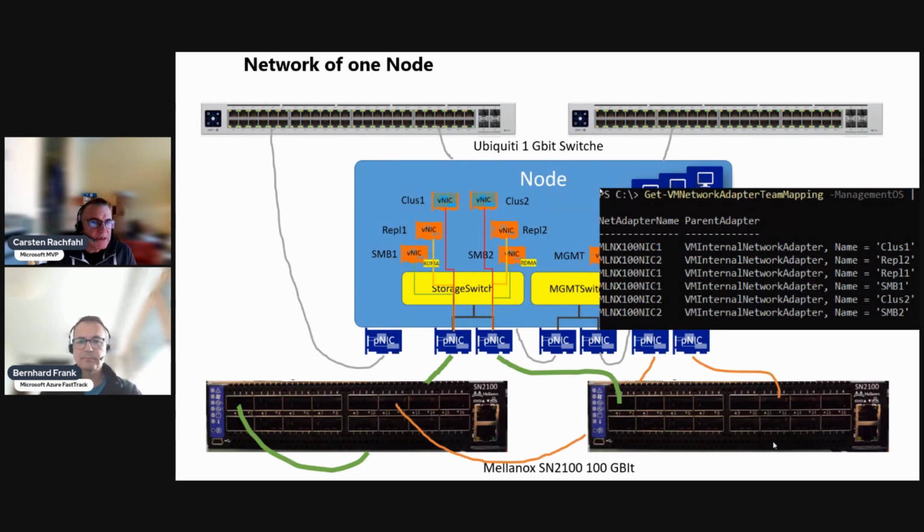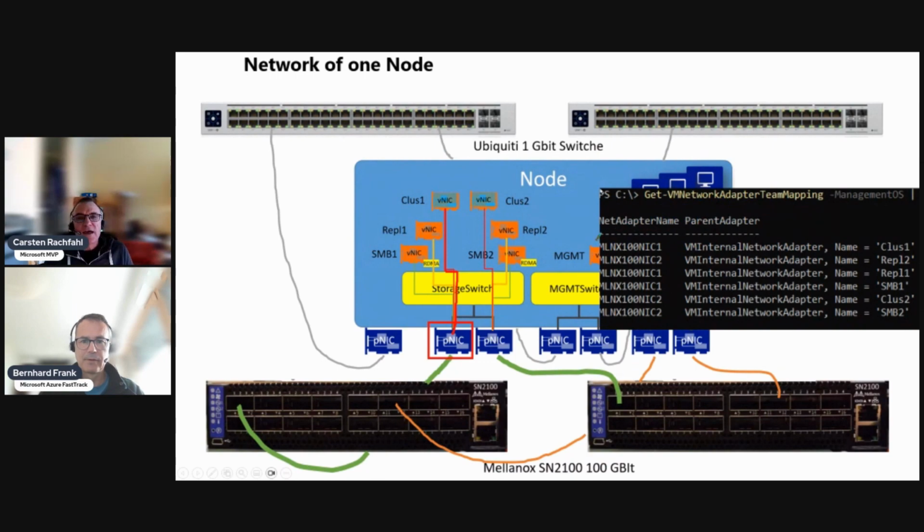All the one adapters, so Cluster 1, REPL 1, SMB 1, are bound to the left 100 gig port. We talked about that in the videos before, and we also did the team adapter mapping. But it's important that our high performance traffic stays in the switch. So every node on the site is connected to that switch, and it doesn't go over to the other switch.